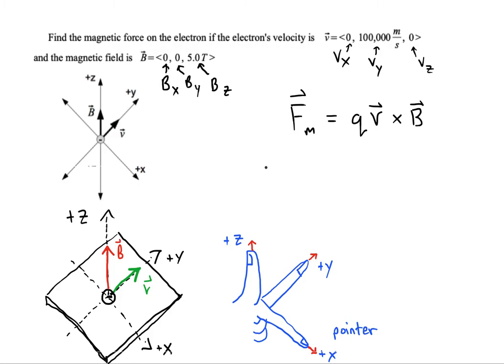We can rewrite the magnitude of it as Q times V times B times the sine of the angle between them.